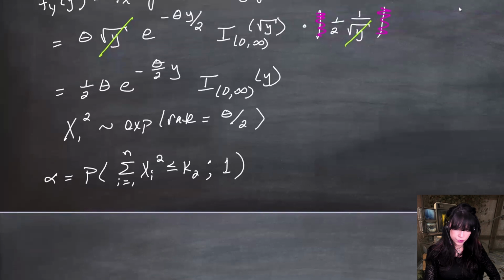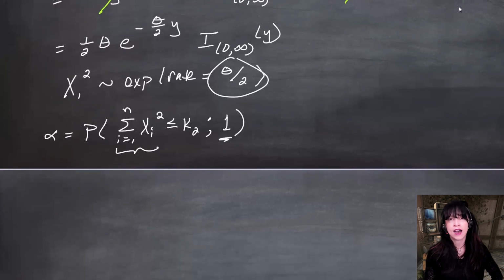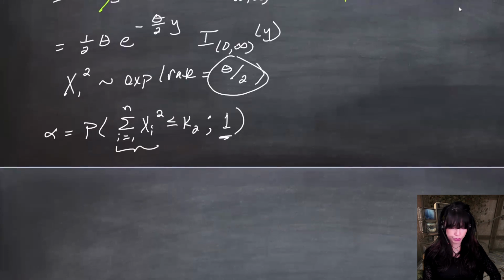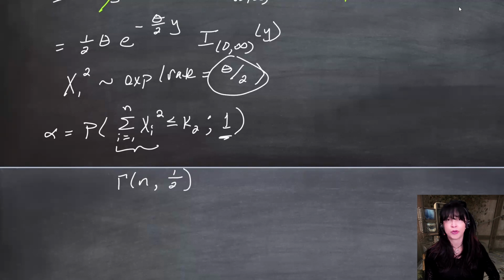And so not only do we have an exponential, but we have an exponential specifically with rate 1/2. So this is the sum of n IID exponentials, each with rate 1/2. And we know that when you sum exponentials, you get a gamma distribution. The first parameter is the number of things you added, and the second is matching the exponential rate parameter, assuming you parameterize your gamma distribution the same way I do.